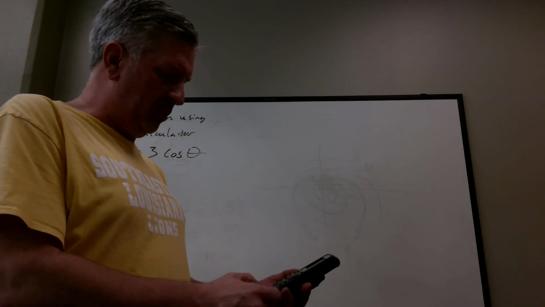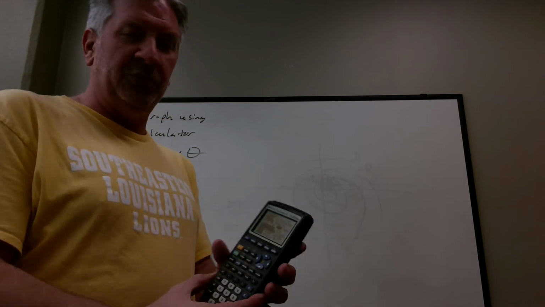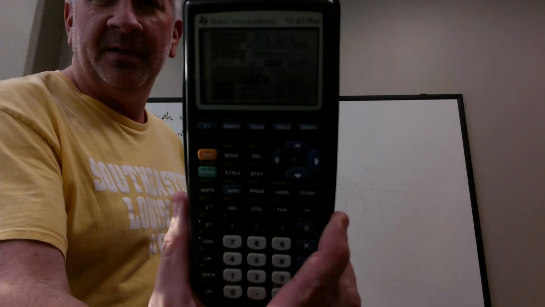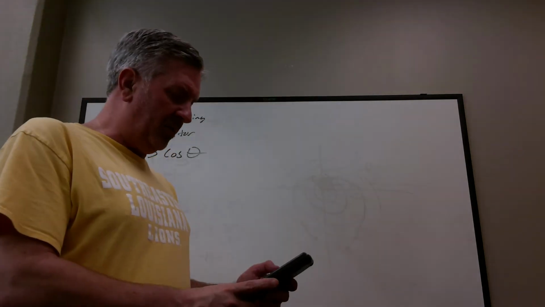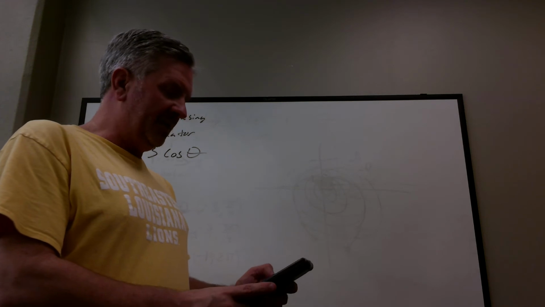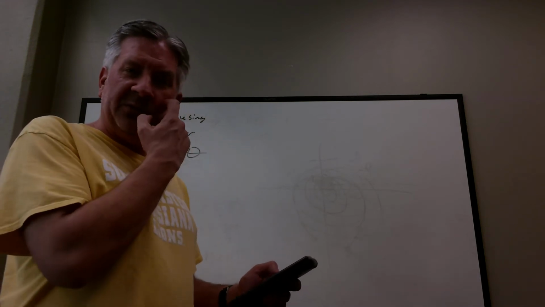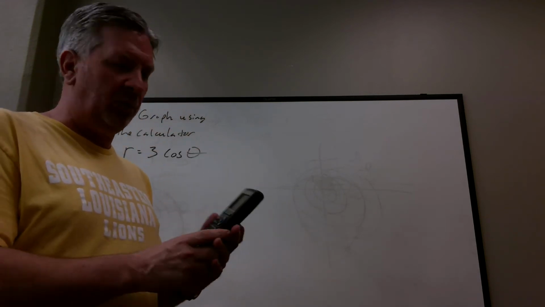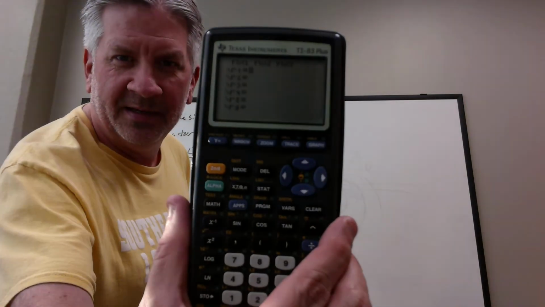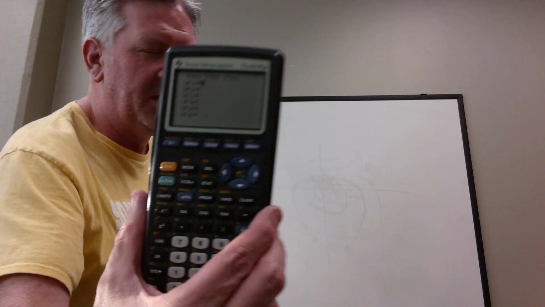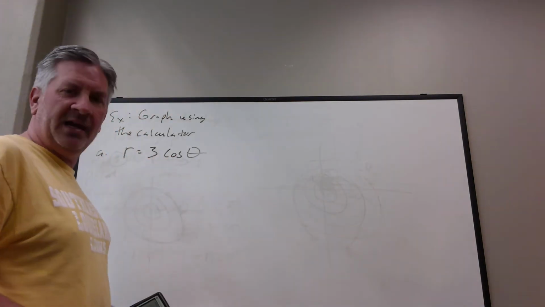So if I scroll down and move over and then hit enter, I don't know if you can see this very well. You change it to POL for polar and then hit enter. Now if you go back to y equals, it says R1 equals, R2 equals. So now it's expressing it in polar. It says R equals, so we can type in 3 cosine theta.